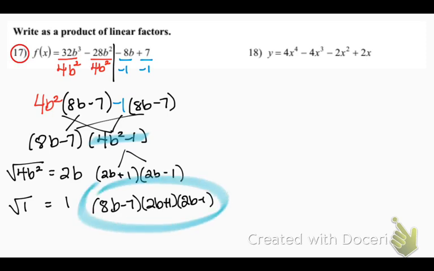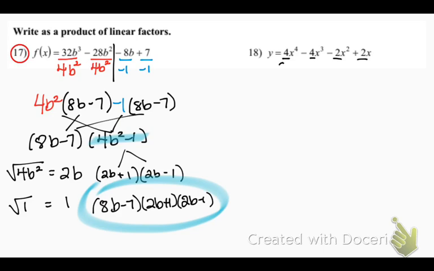Now on number 18, what is the GCF if there is one? Okay. Most of you, I'm sure, got 2, because 2 goes into both 4 and into 2. But there is also an x, an x, an x, an x. All 4 of those terms I can take an x out of.